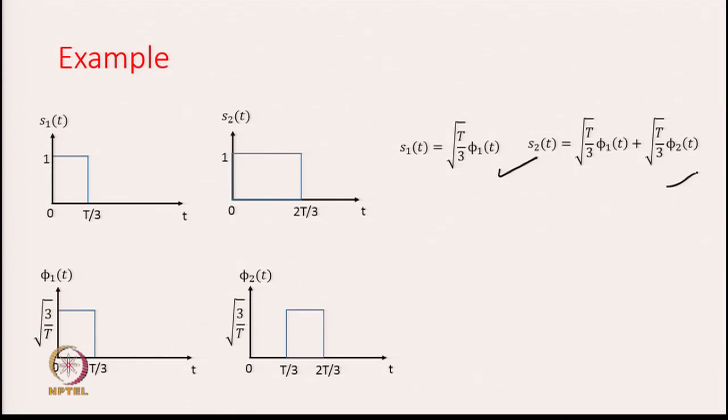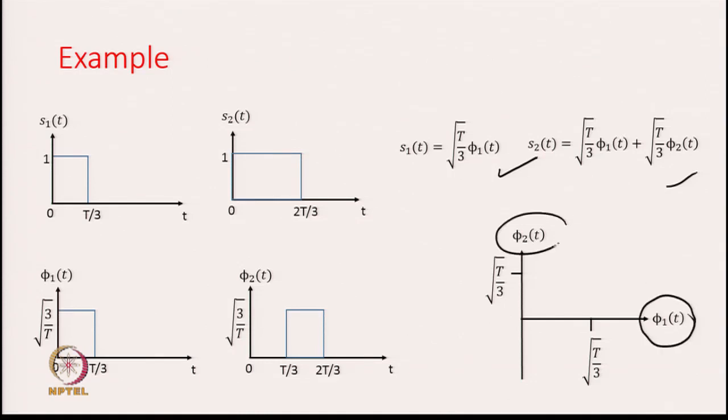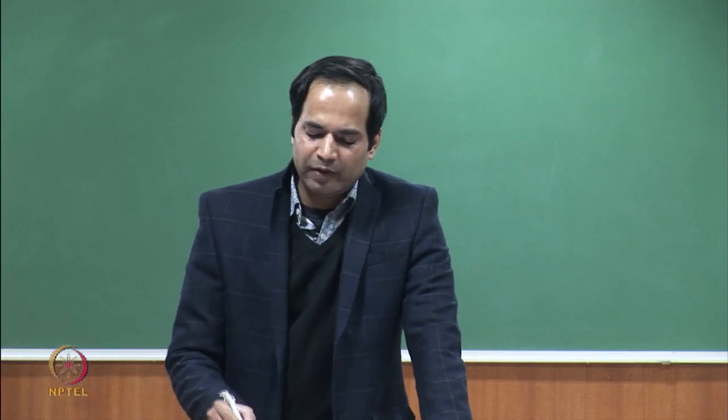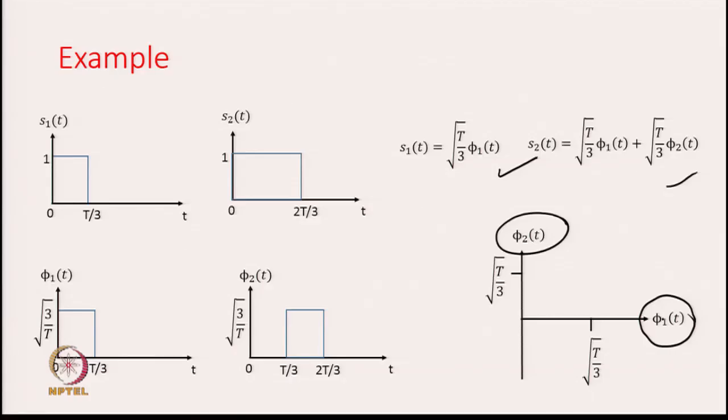Now, very conveniently we can draw the signal space representation of these two signals. So, we can assume that we have two vectors phi 1 t and phi 2 t. These vectors are perpendicular vectors, they are orthonormal vectors. So, they have to be orthogonal, so they have to be perpendicular, and these vectors come out with unit energy, right.